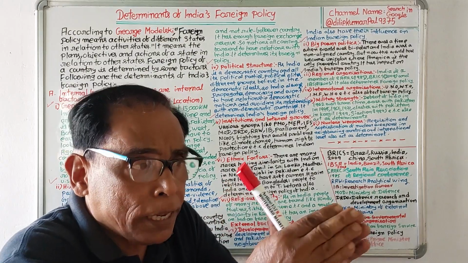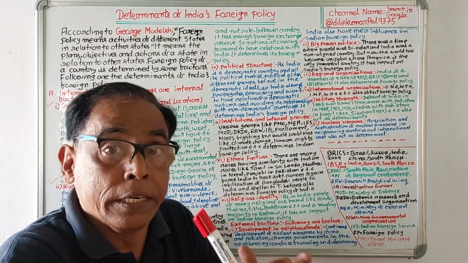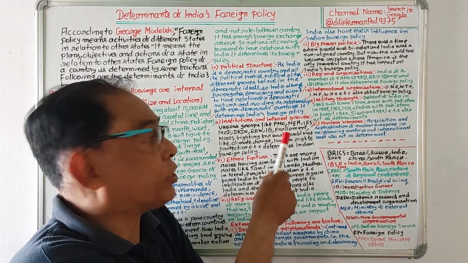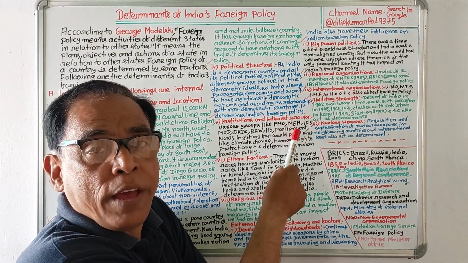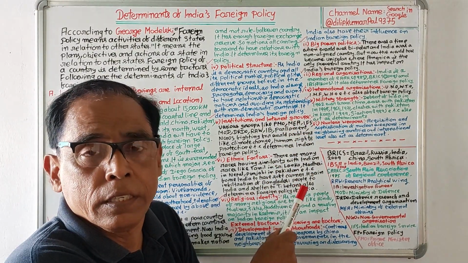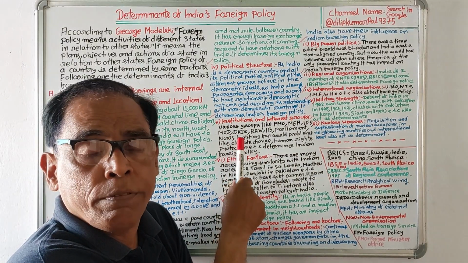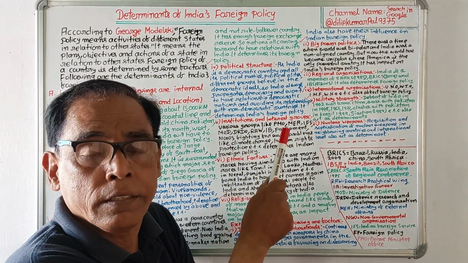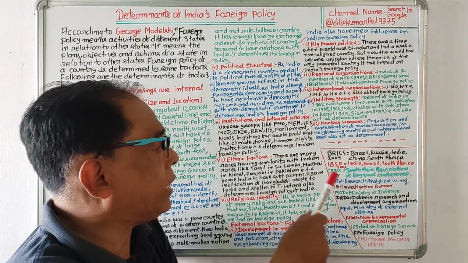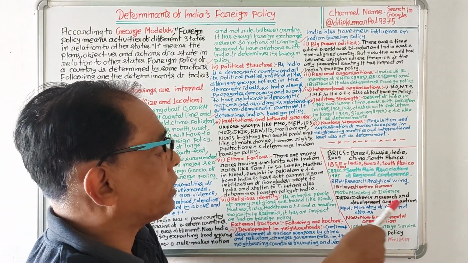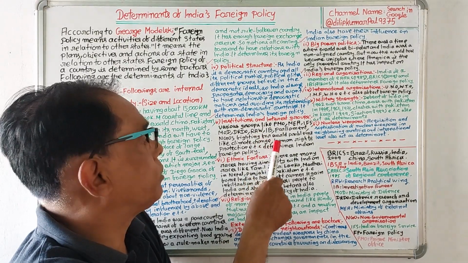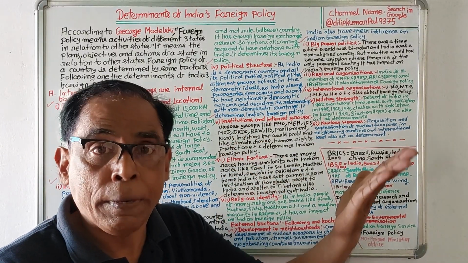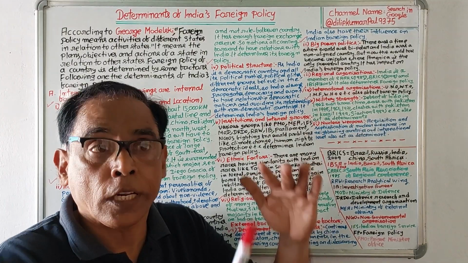There are also various interest groups that determine India's foreign policy. These groups are the PMO, Prime Minister's Office, MEA, Ministry of External Affairs, IFS, Indian Foreign Service, MOD, Ministry of Defense, DRDO, Defense Research and Development Organization, RAW, Research and Analysis Wing, IB, Intelligence Bureau, Parliament, and NGOs, non-governmental organizations fighting for climate change, world problems, and the protection of human rights.